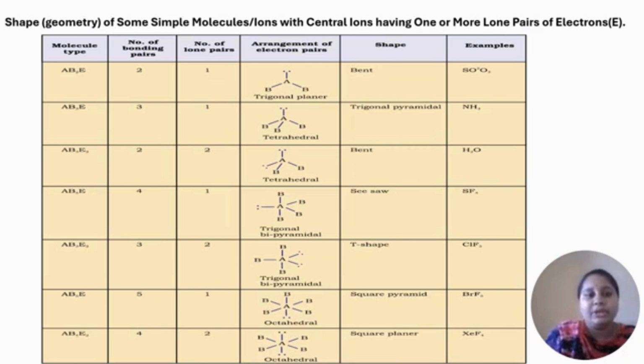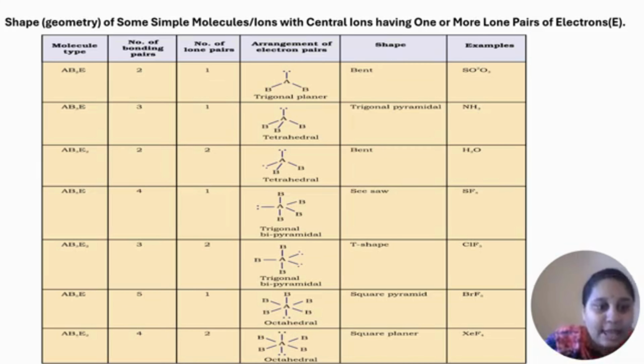It is ClF3. The next one is AB5E. The number of bonding pairs is 5 and the lone pair is 1, so it is octahedral. The shape is square pyramid. The example is BrF5.